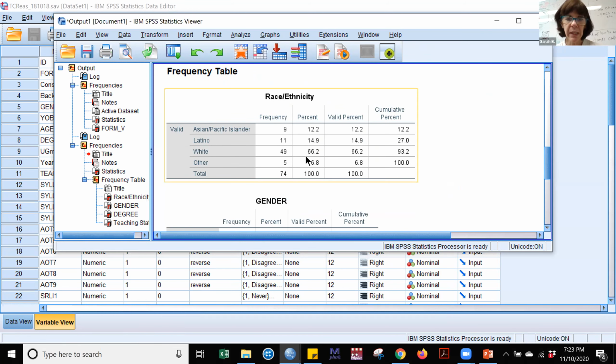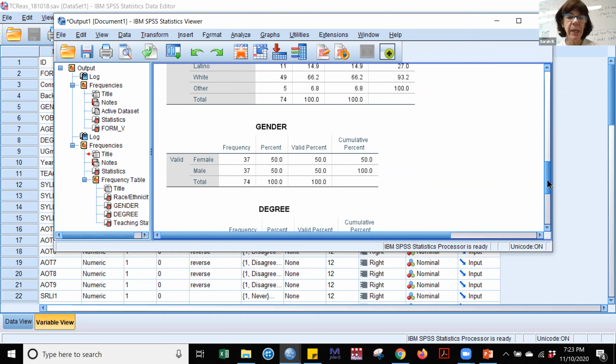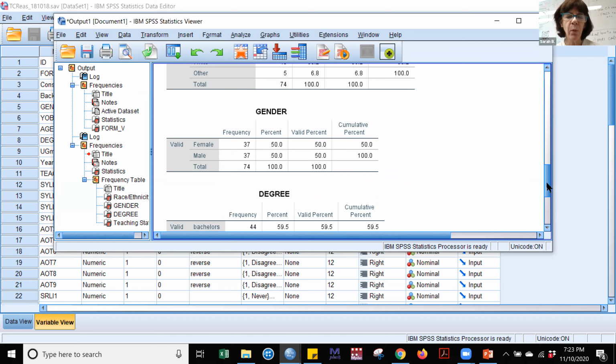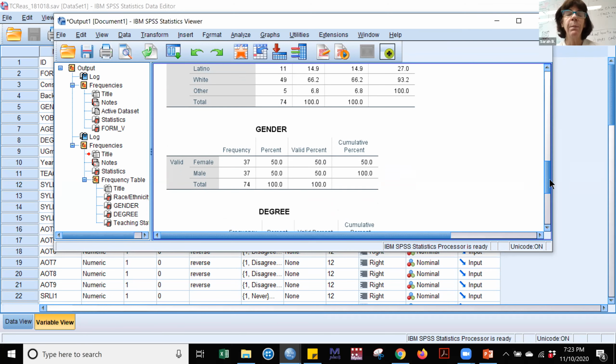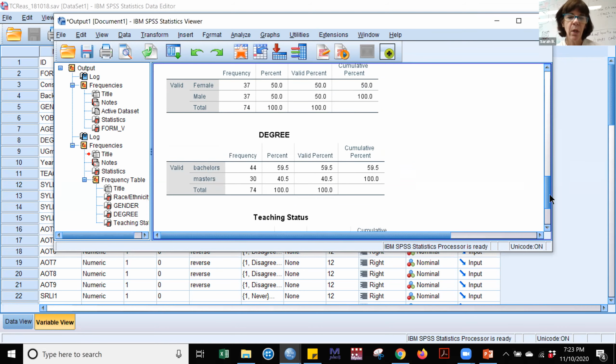Most of them were white. There's not going to be any difference between your percent and your valid percent because everyone had a value. And 66% were white. They were half male and half female, so the sample was probably purposefully collected for gender.